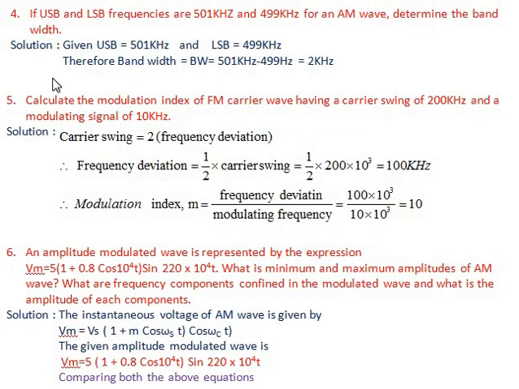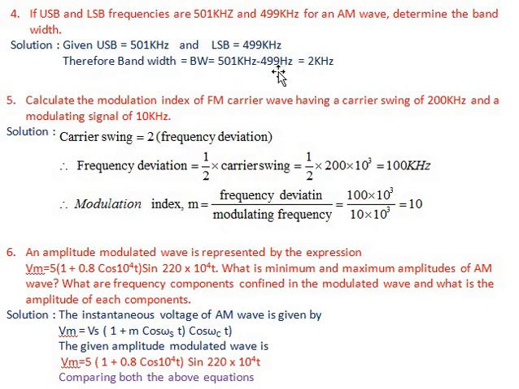In the fourth problem: if USB and LSB frequencies are 501 kHz and 499 kHz for an amplitude modulated wave, determine the bandwidth. Given USB is equal to 501 kHz and LSB is equal to 499 kHz, therefore bandwidth is equal to USB minus LSB.